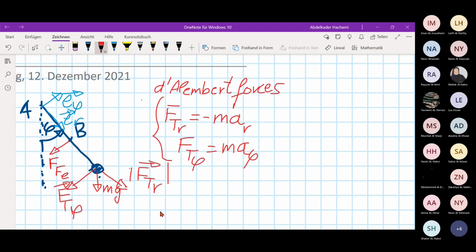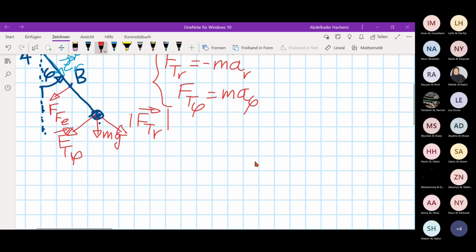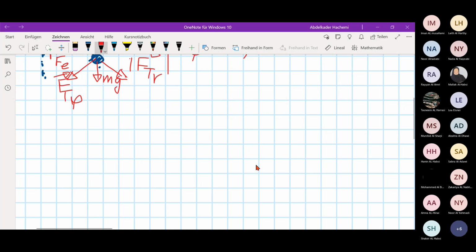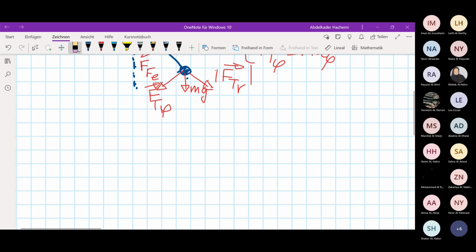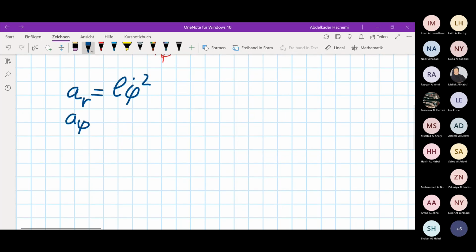We use the kinematic relation to get a_R and a_phi, already given during the lecture, where a_R is only L phi dot squared, and a_phi, the acceleration in circumferential direction, will be L phi dot dot.